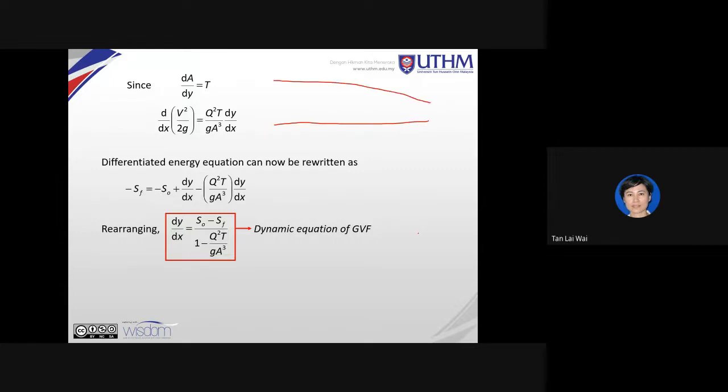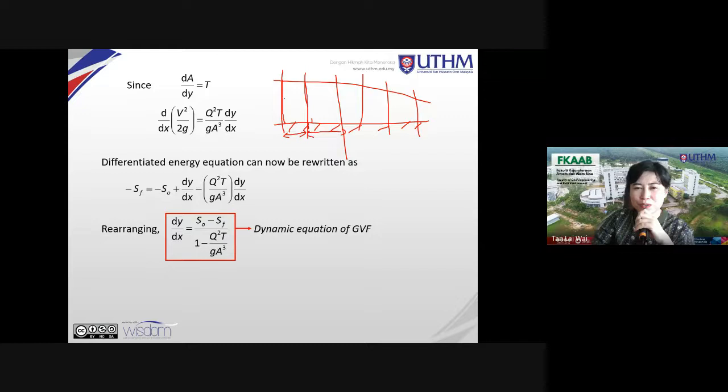I'll just draw out a gradually varied flow. This is the channel's bottom, the floor of our channel. At every point here, I draw these because these are our sections, many sections. It doesn't matter what the interval of the sections is.